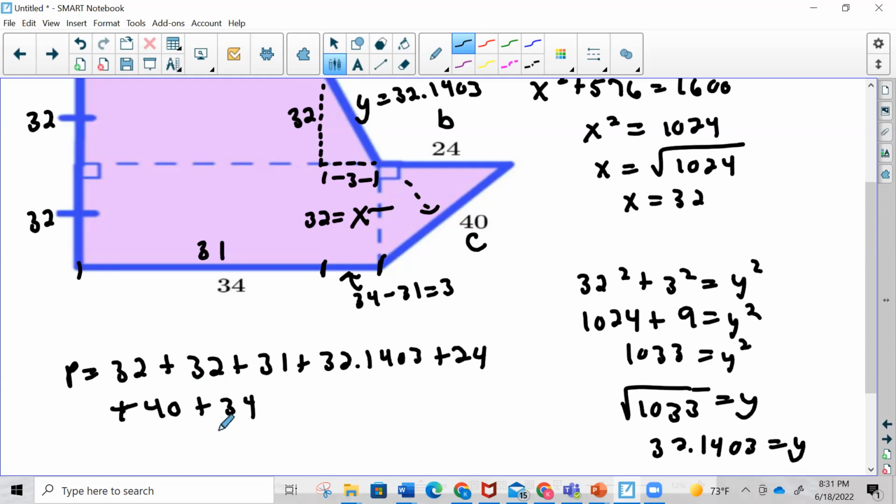Okay, and if you add those up, you should get 225.1403, and then just round to whatever they ask for on the homework.